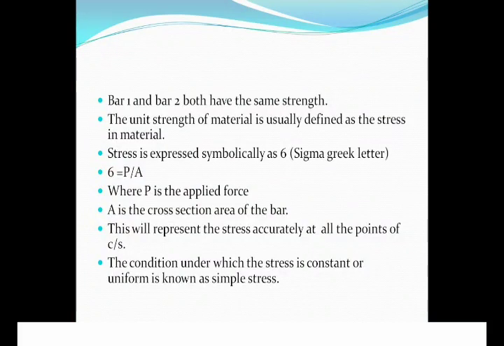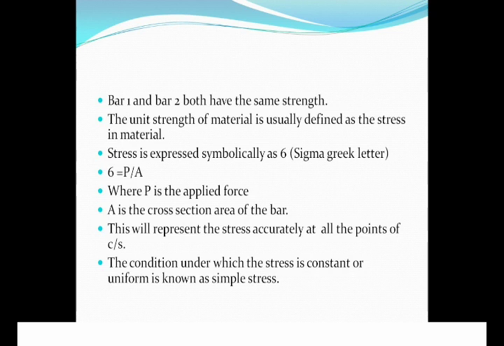Now in this slide we have seen that the force is acting downward, so it tries to elongate the member. So this will be the tensile stress. Now if you want to study the compressive force, if we invert the figure and if the arrows are going into the bar, then naturally the stress will be a compressive stress.